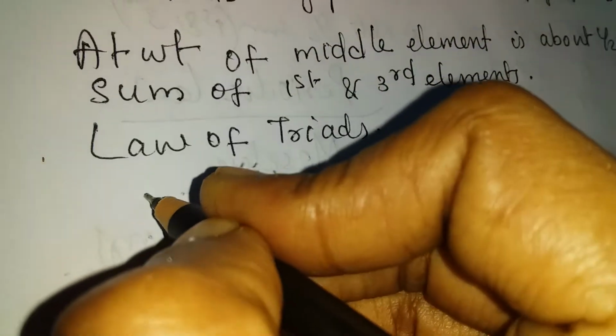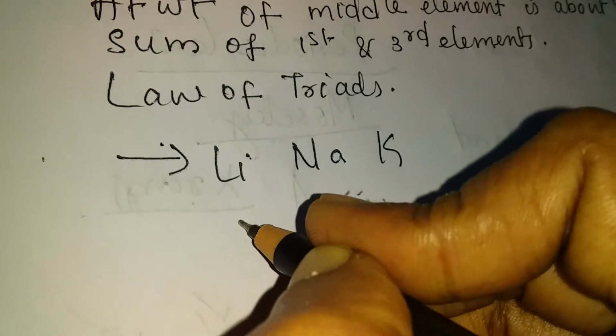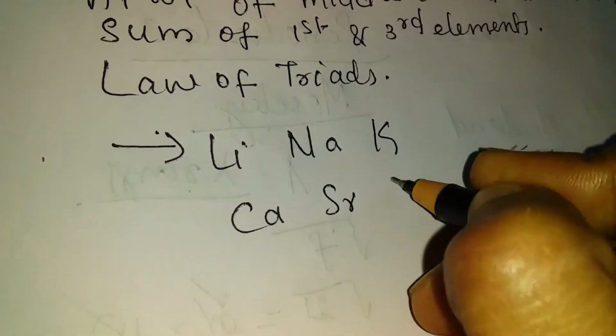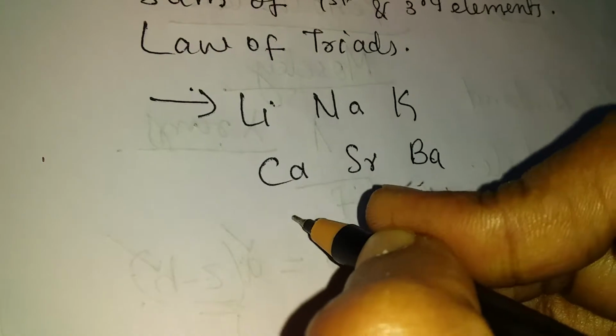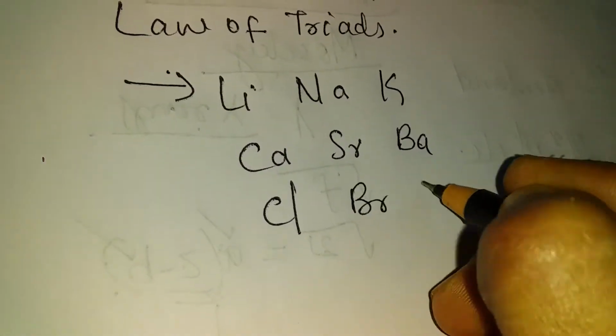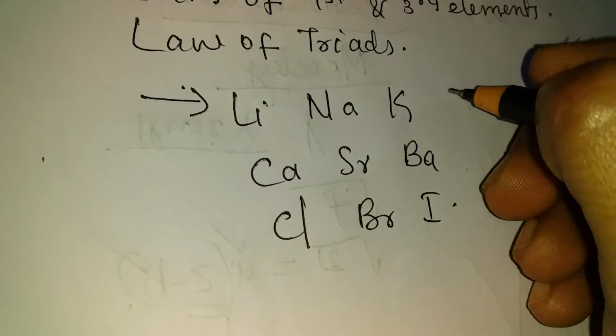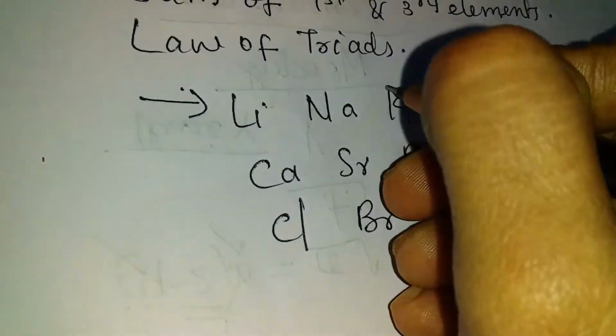Let us discuss some examples of triads. Lithium, sodium, potassium is one triad. Another one, calcium, strontium, barium. Another one, chlorine, bromine and iodine. Let us check the properties of the first triad.